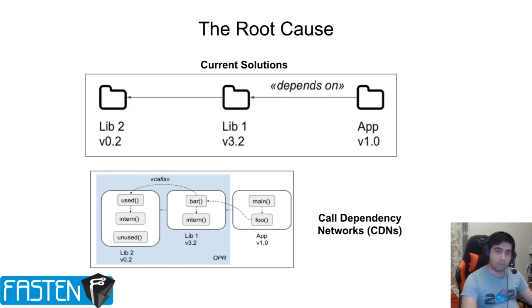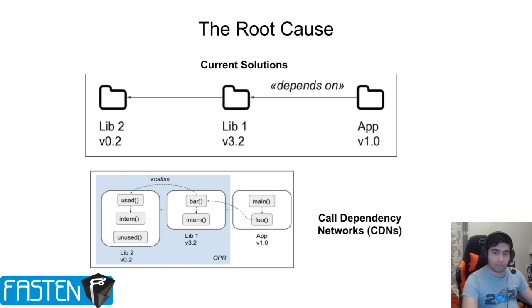The current solutions mostly focus on the packages themselves. Basically, they analyze software at the package level, and they usually don't consider the source code or even deeper analysis such as call graphs. On the other hand, we have call dependency networks, which analyze not only the application itself but also its dependencies, as shown in this slide.